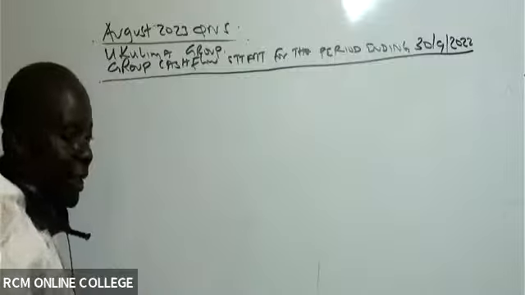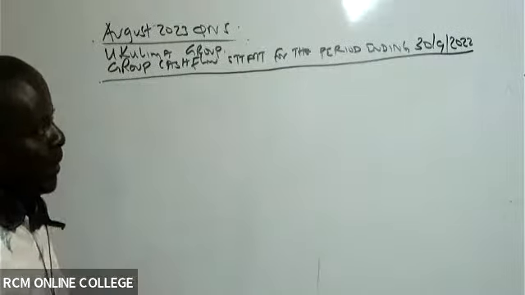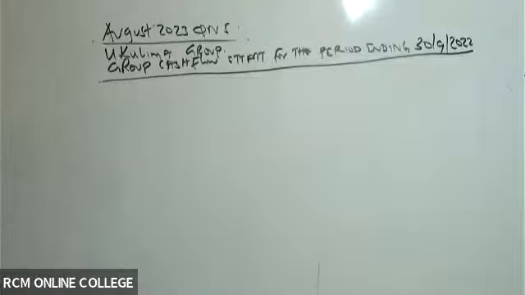You're using the indirect method. We're using the indirect method, you can write a dash there: indirect method. So, group cash flow statement for the period ending 30 September 2022.